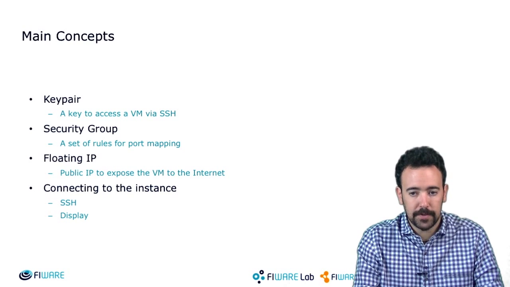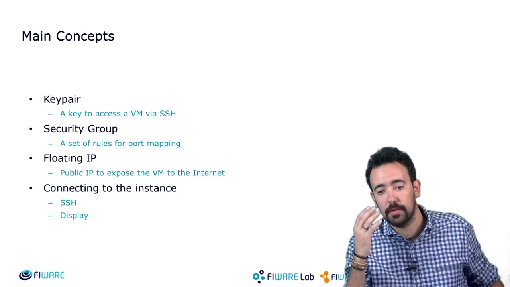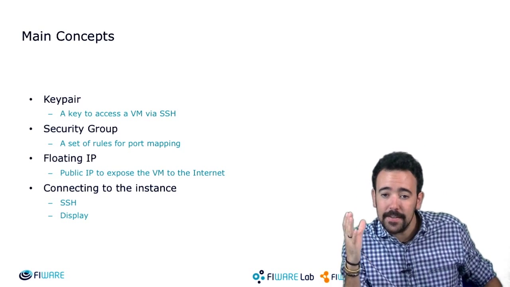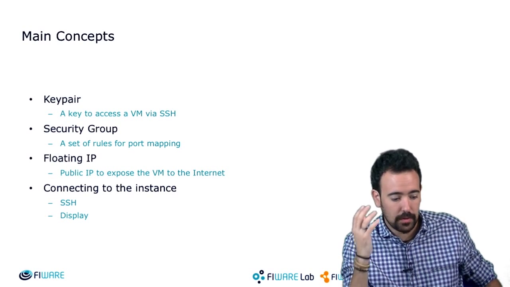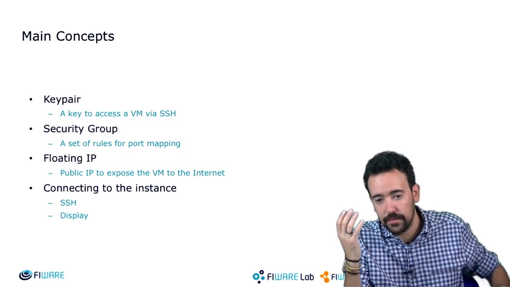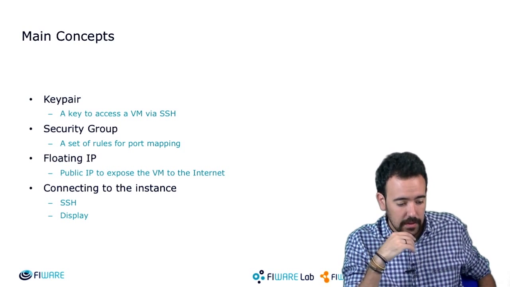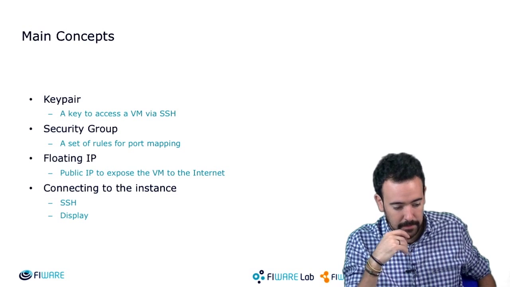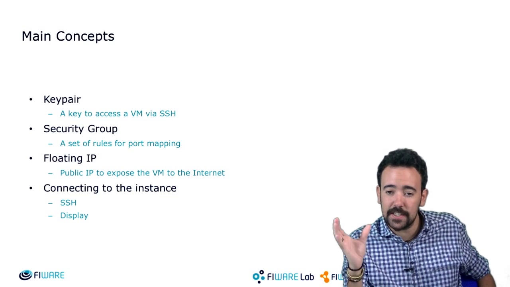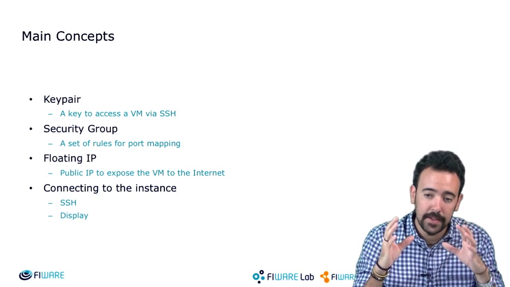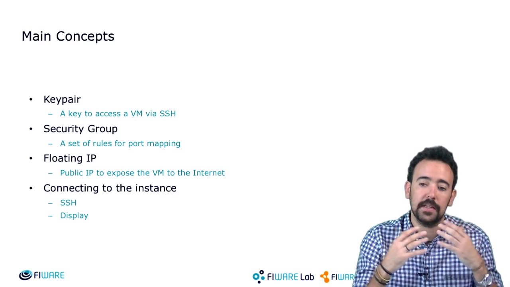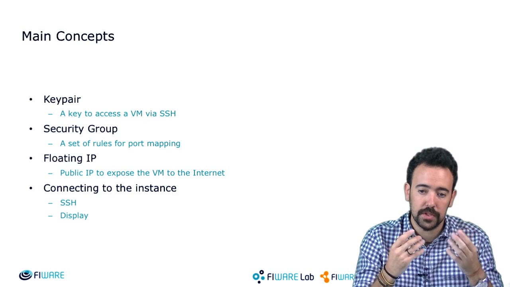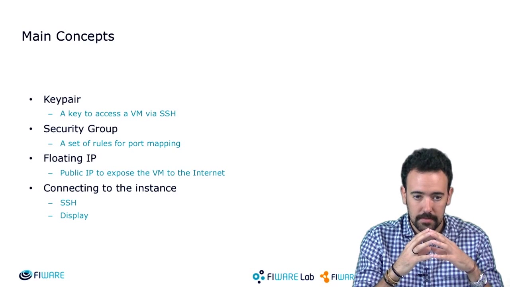So what you need to understand is that a key pair is, as you probably already know, a key that allows you to access the virtual machine. Of course, if not, everyone would be able to access it. A security group is a set of rules that you define in form of ports, and are the ports that will be open, that will be exposed from the virtual machine, from the instance.